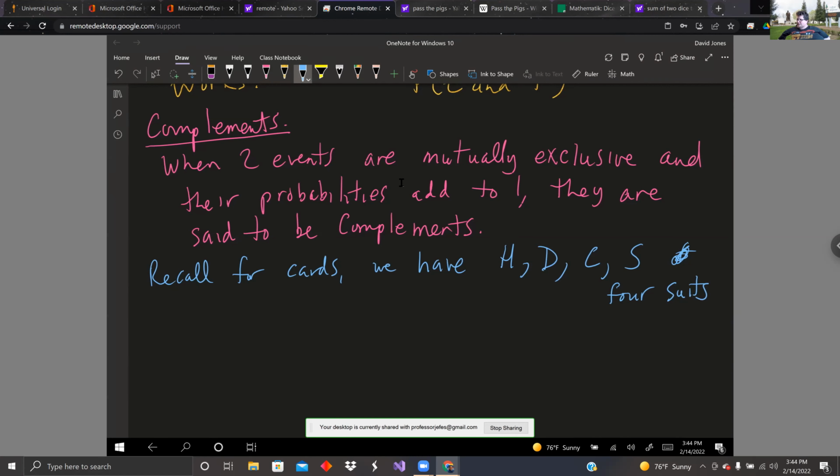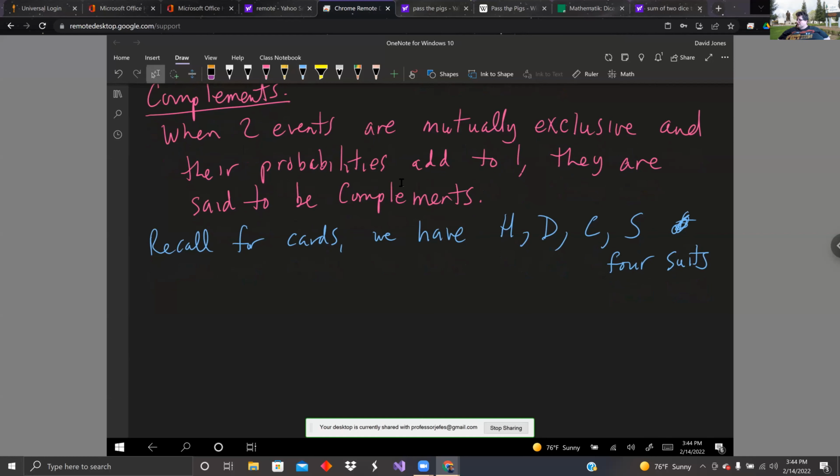So I'm using the first letter of the word. Now, in this case, the probability of getting a heart is the same as the probability of a diamond, which is the same as the probability of a club, which is the same as the probability of a spade, which is 1/4.